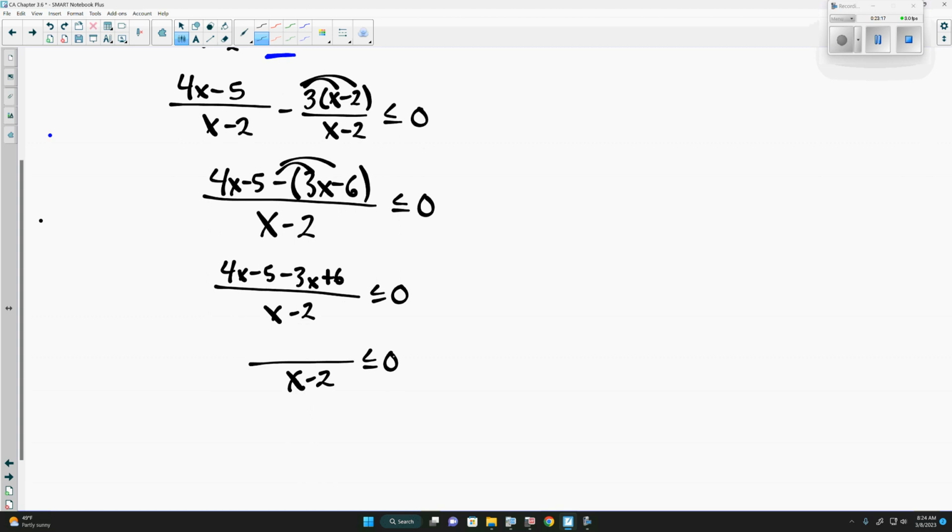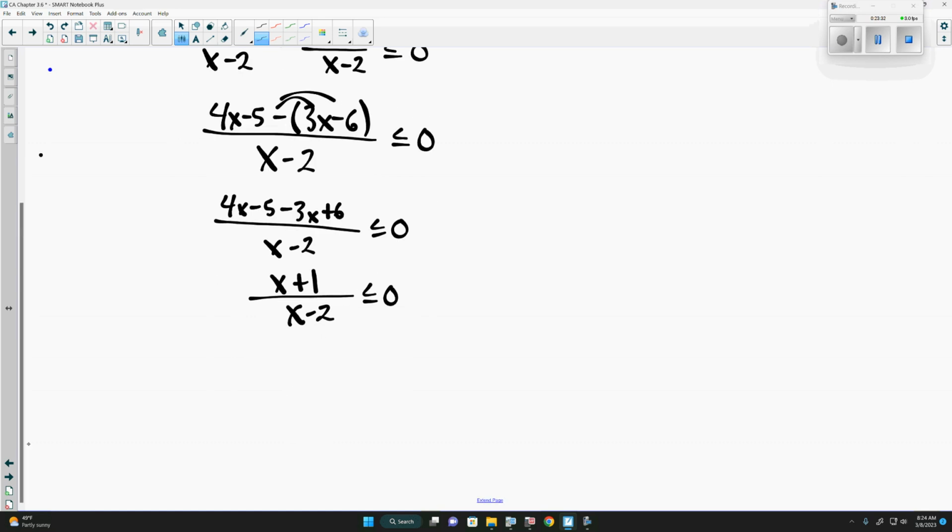Well, 4x - 3x is x. -5 + 6 is +1. So we actually merge this thing back together. Our real rational expression, our single one, is that we have a numerator of x + 1 and a denominator of x - 2.